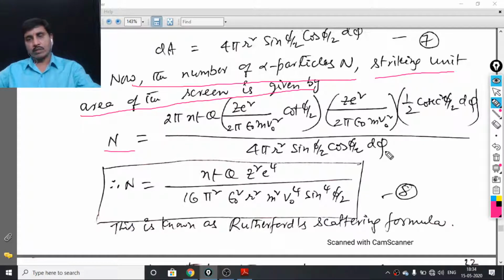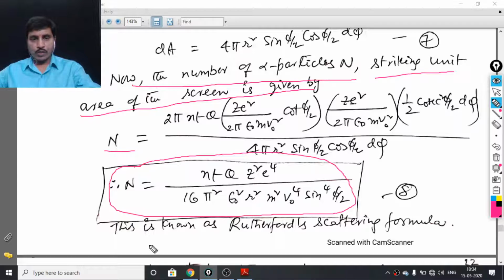On simplifying the above expression, we get N is equal to ntq z square e power 4 by 16 pi square epsilon 0 square r square m square v0 power 4 sin power 4 phi by 2. This expression gives the number of alpha particles striking unit area of the screen. This is the most important expression, called the Rutherford scattering formula.